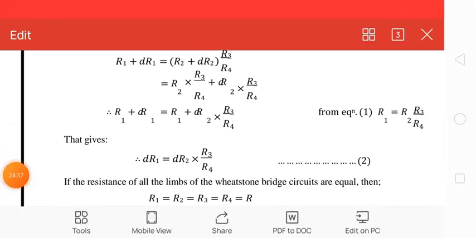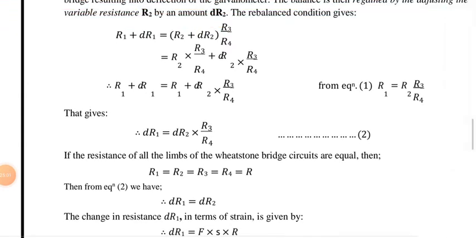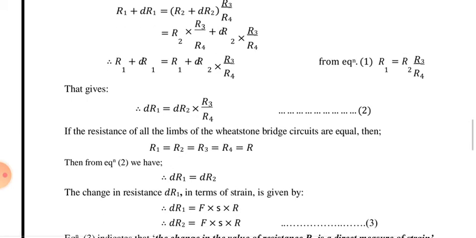If the resistances of all limbs of the Wheatstone bridge circuit are equal, so R1 equal to R2 equal to R3 equal to R4 equal to R, then from equation 2 we can write dR1 equal to dR2.